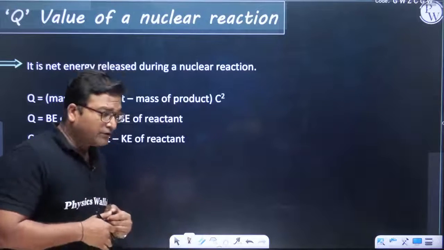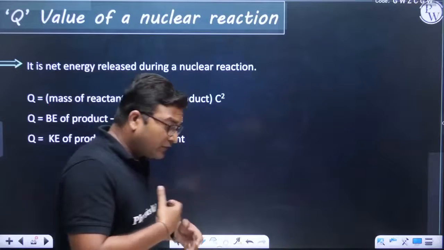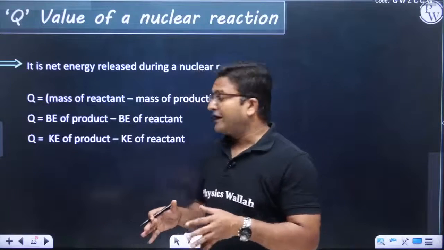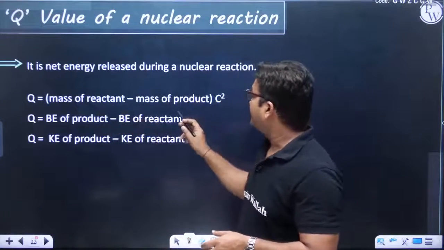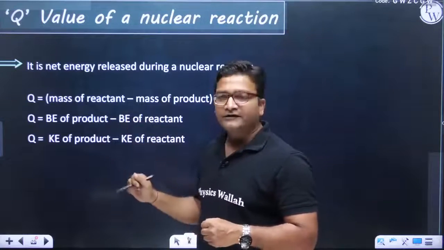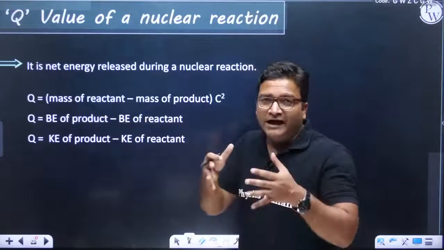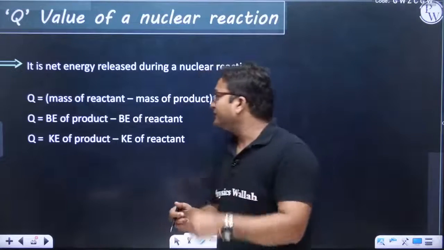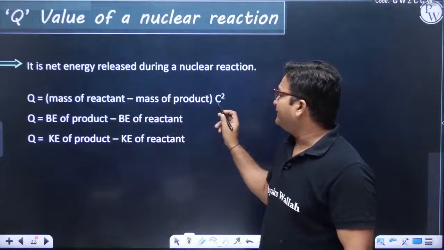I have already told you that the source of nuclear energy is actually the mass defect. So Q value can be written as mass defect multiplied by c squared. That's very simple, as if the mass of reactant is more and the mass of product is less, that's where we can say the mass is decreasing, and the decrease of mass times c squared is the Q value.